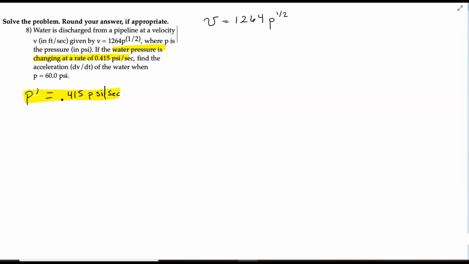Then they say find the acceleration, which is in this case the velocity, not the volume. I said volume earlier, but it's actually a velocity. Find the acceleration, which is the rate of change of the velocity, which we're going to call v prime. This is what we're looking for, dv/dt.